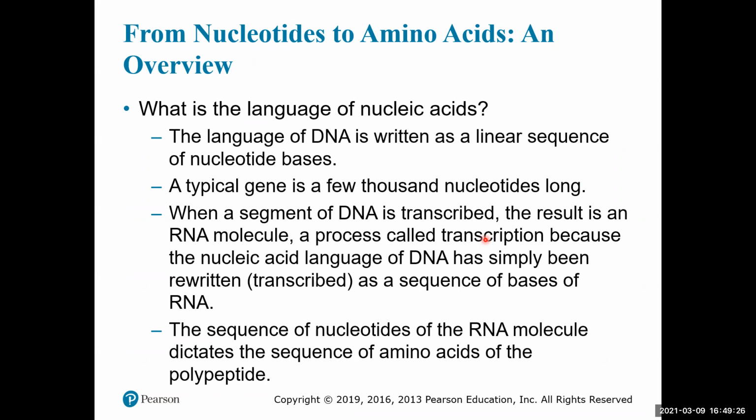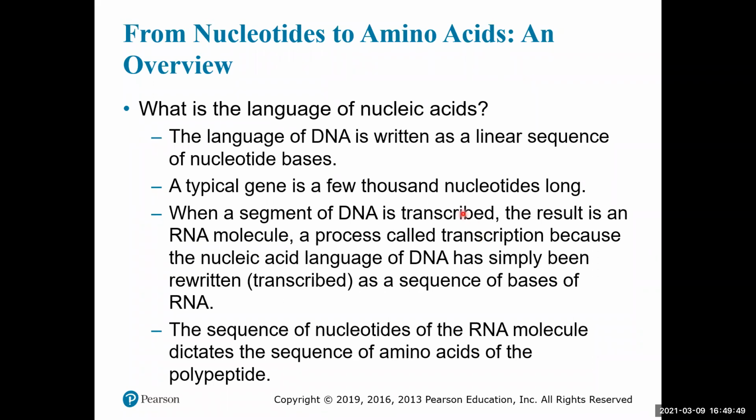So a gene is typically a few thousand base pairs or nucleotides long. And so what happens then is each individual gene is transcribed into its associated RNA molecule. So what you have is a segment of DNA being transcribed and turned into an RNA molecule.